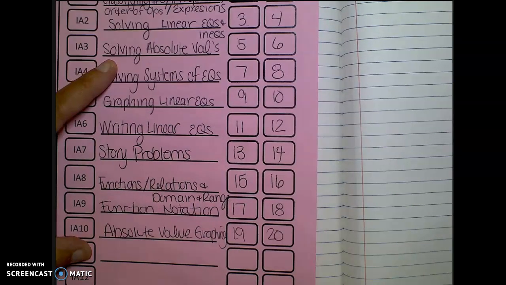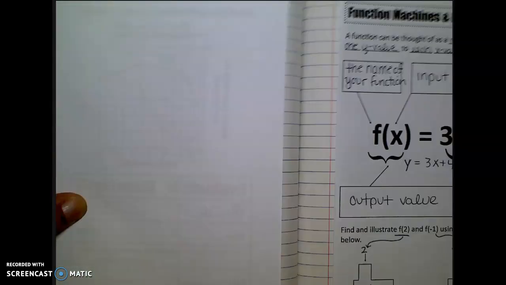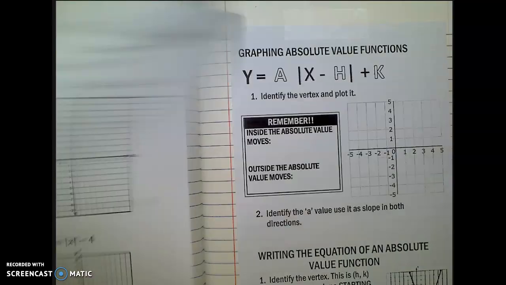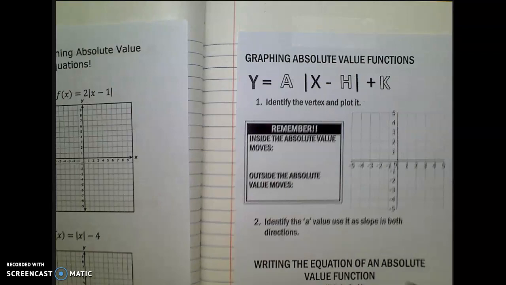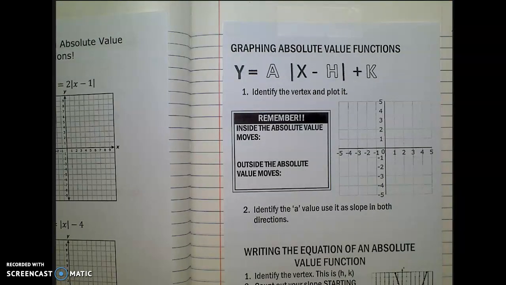So we talked about solving them up here, but now we're talking about graphing them. So here's our 18 and 19, or 17 and 18 rather, and then 19 and 20. And if you have these flipped, it's really not a big deal. And I want to start over here, okay?